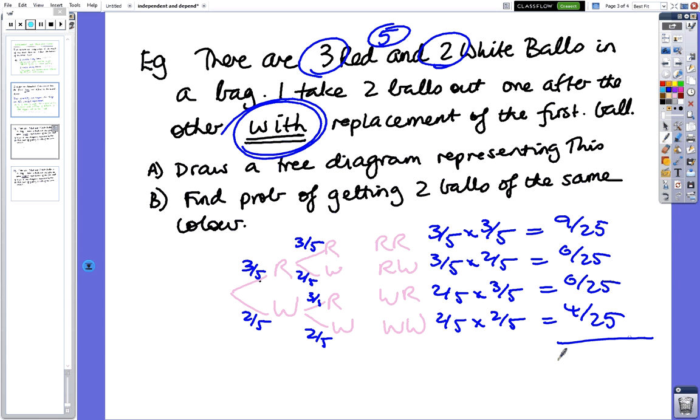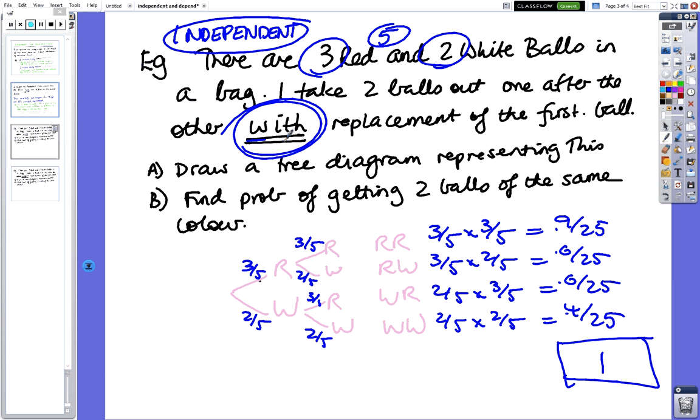When you add up all those numbers, you get 1: 9, 15, 21, 25. So that's with replacement. These are independent events because you're putting the ball back in the bag.